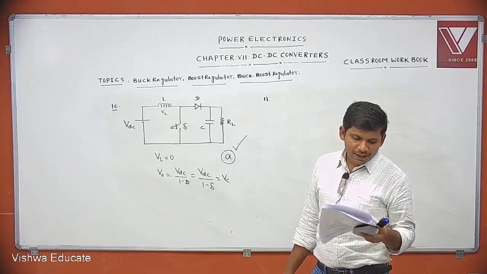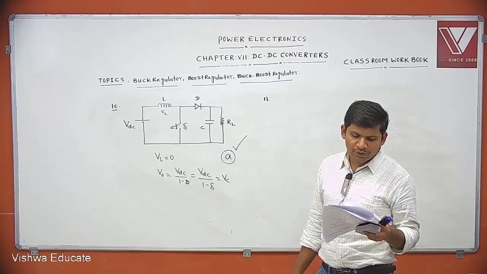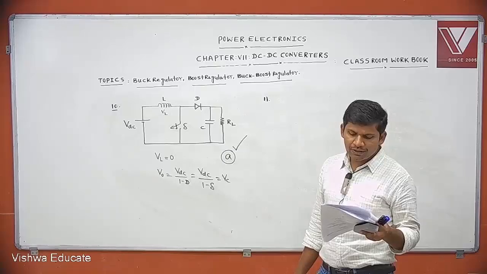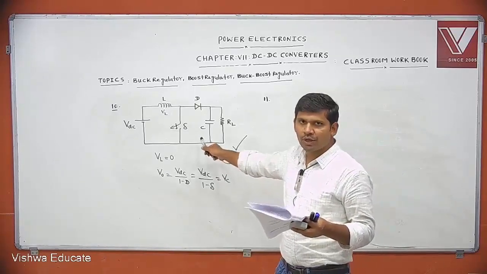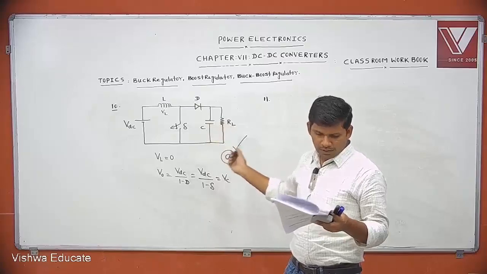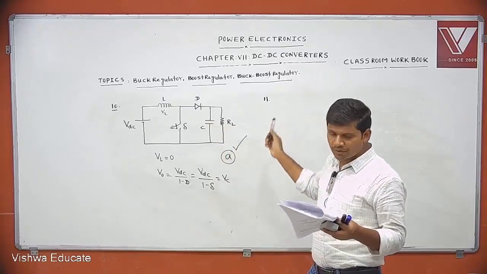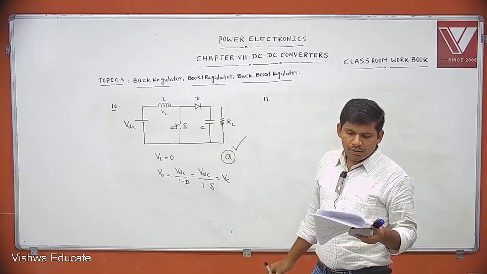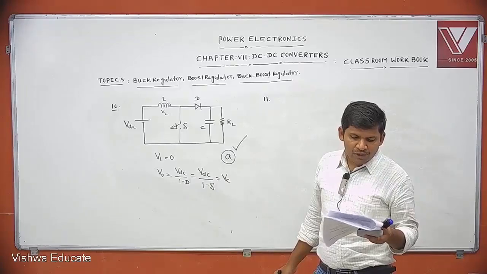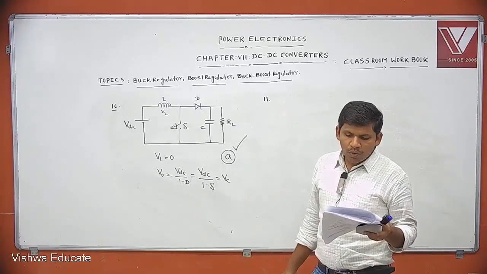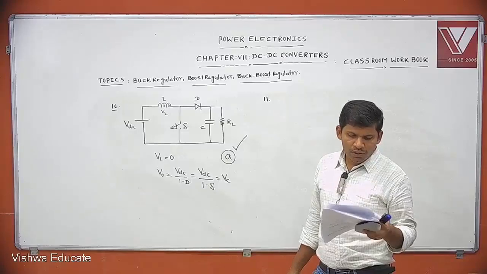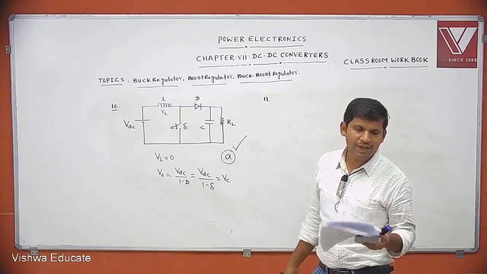The inductor current is always positive and continuous, and the switching period is Ts. Okay, this is a boost regulator. If the voltage VL is as shown, the duty cycle of the switch S is dash.